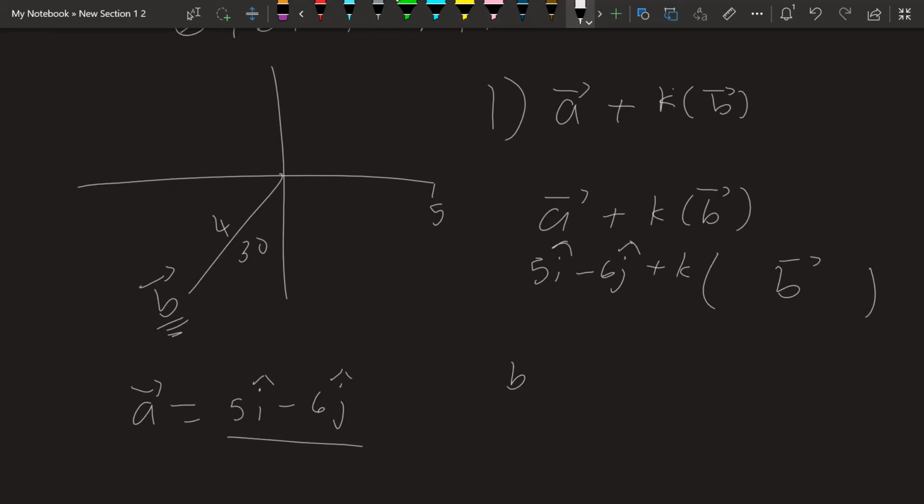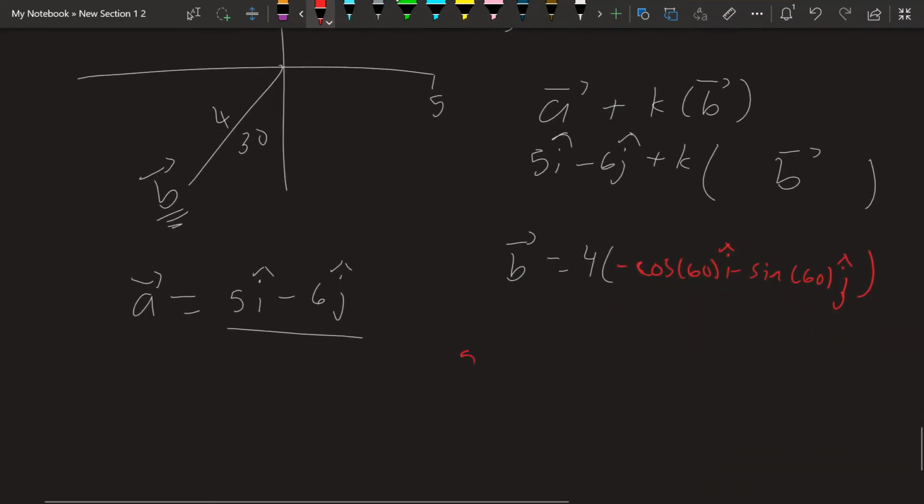Let's find the equation of b. b is equal to 4 multiplied by cosine 60, and obviously, actually, cosine 60 minus sine 60, right? J and I. That's the value of b. So let's substitute that. We're going to get 5i minus 6j plus 4 into minus cosine 60i minus sine 60j.